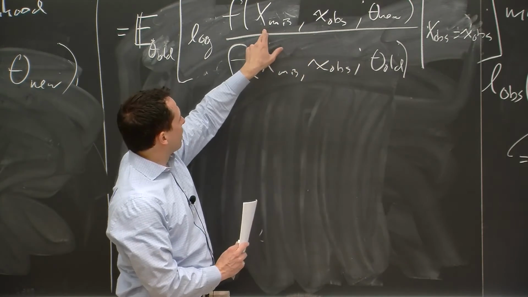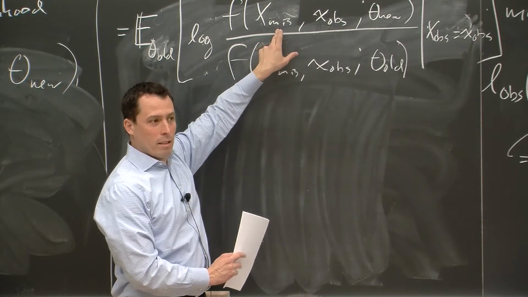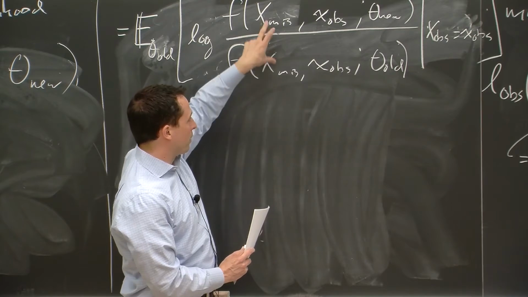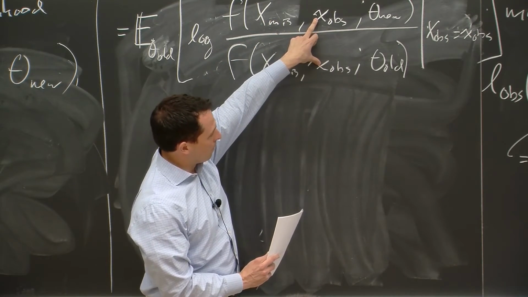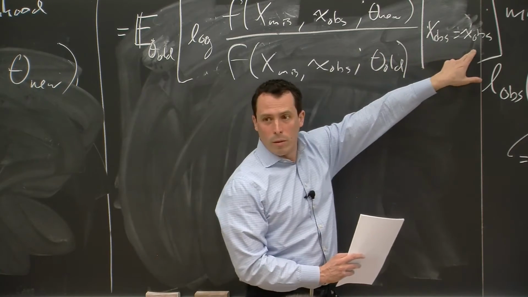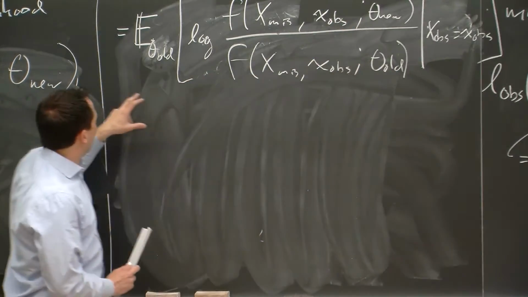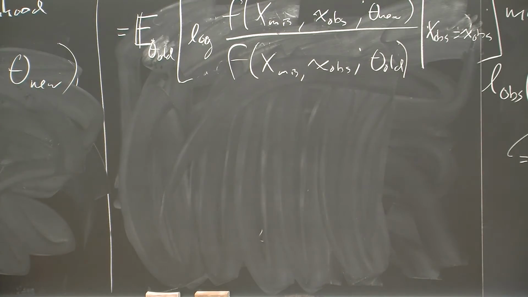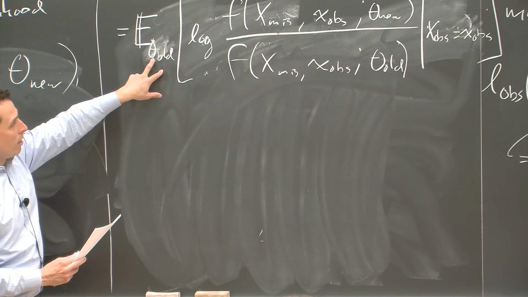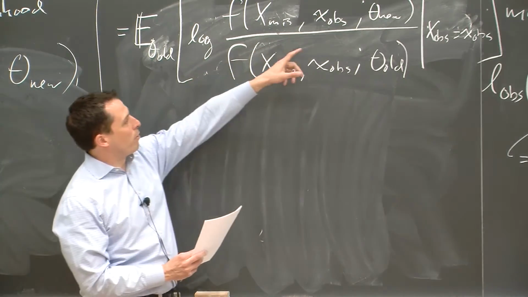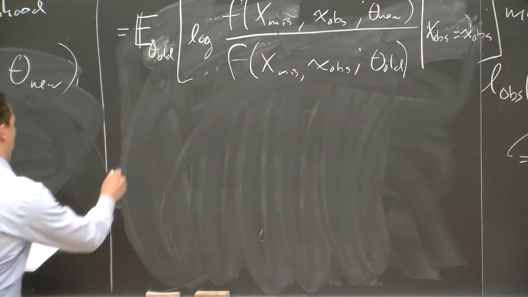The only thing I have to treat as a random variable with respect to this expectation is the missing data. So I've capitalized the missing data because I'm treating it as a random variable. I've lowercased the observed data because that's something that is fixed once I make my observations. And then it depends on either the new or the old parameter. So my job to update the parameter vector is just to maximize this function, this likelihood ratio, maximizing my improvement of theta new versus theta old.